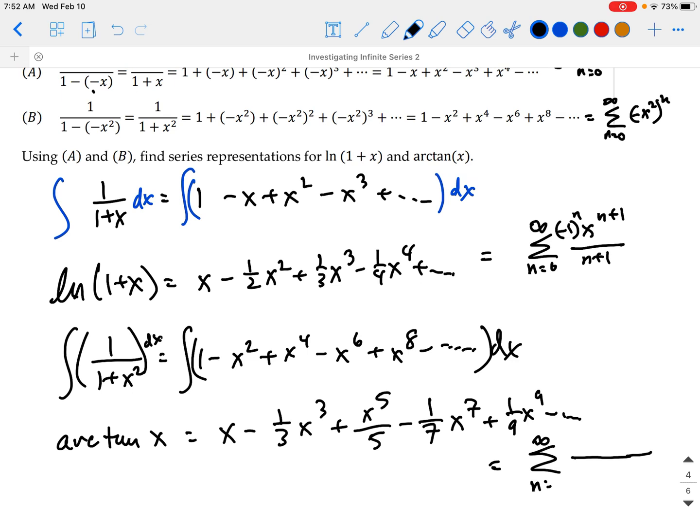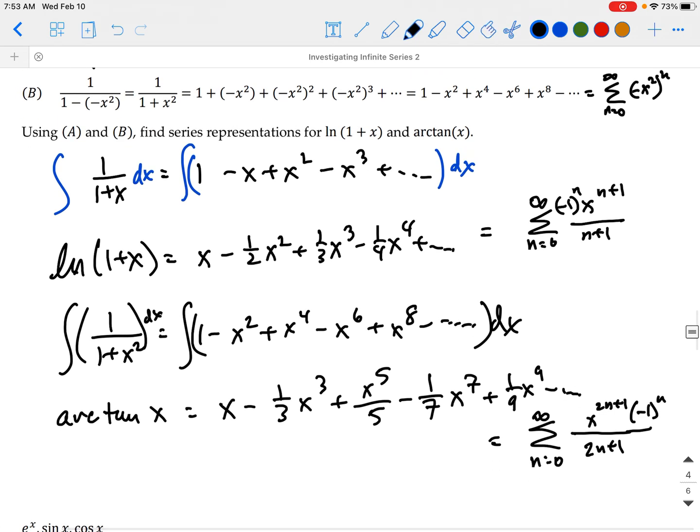So if we're going to represent odd numbers, we could do x to the 2n plus 1 over 2n plus 1. We'll still need a -1 to the n to account for the alternating part of our series, and then we can start at 0.